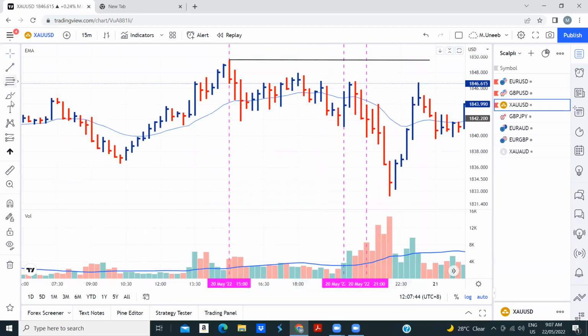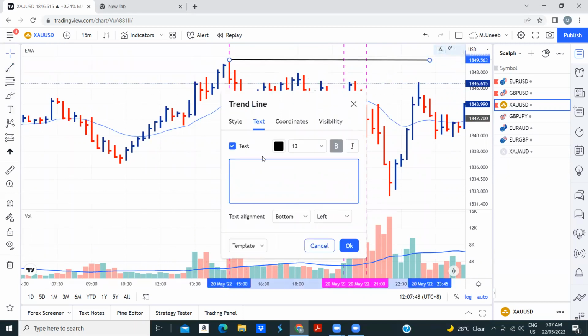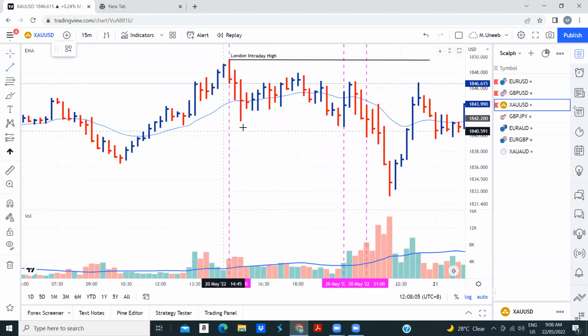We call this London intraday, 3 to 8. How about the low?